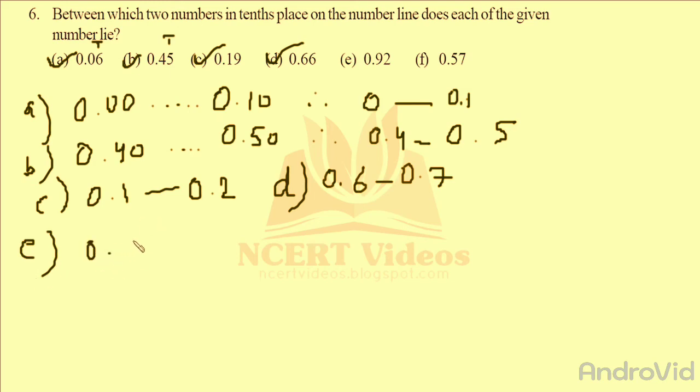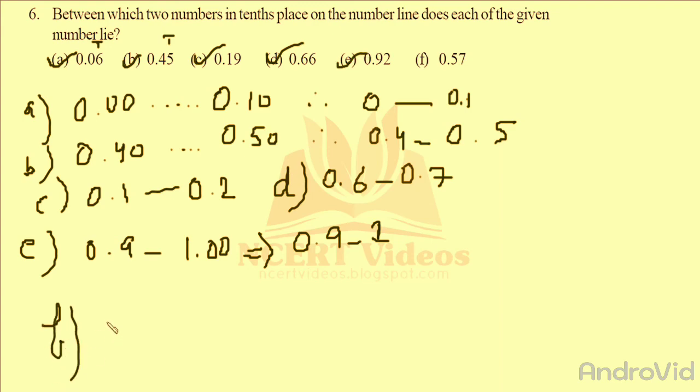E part 0.92 is from 0.9 to 1.0, because after 9 we have to change the place and restart the process. Therefore 0.9 to 1. And the F part 0.5 to 0.6.